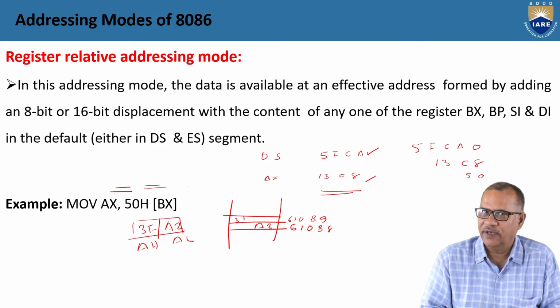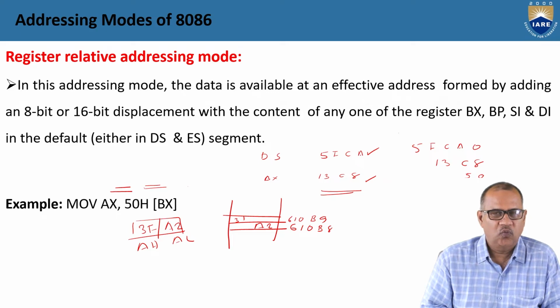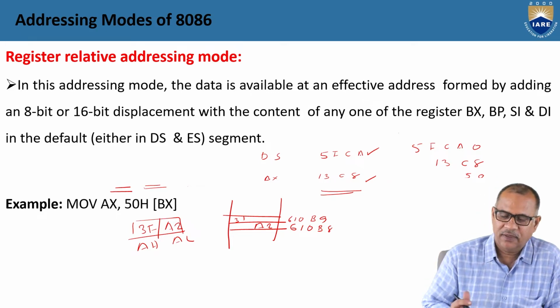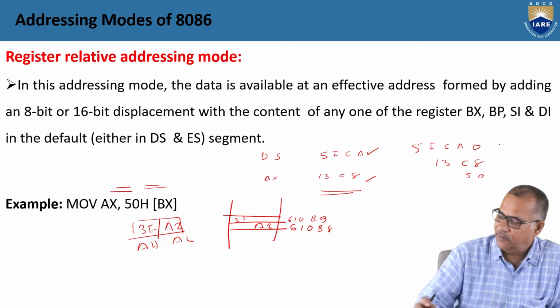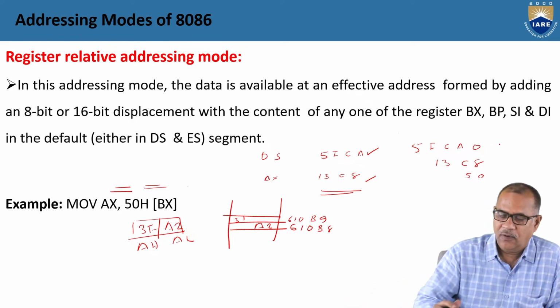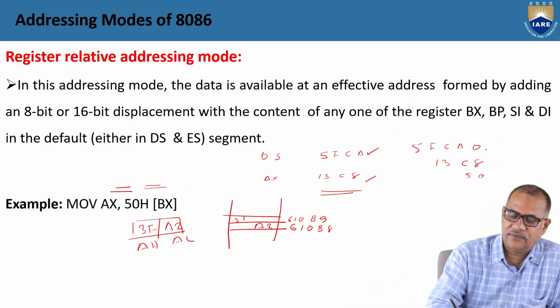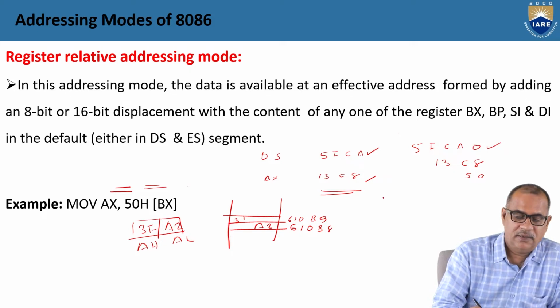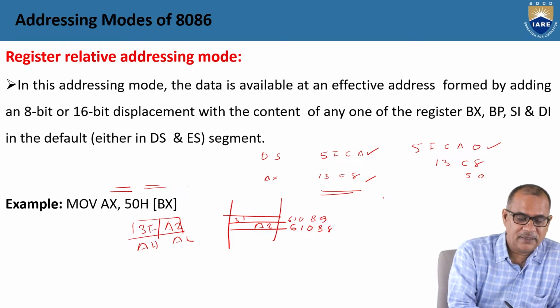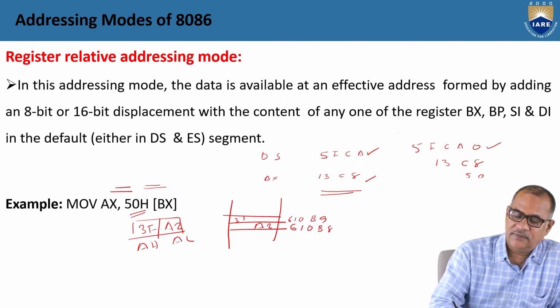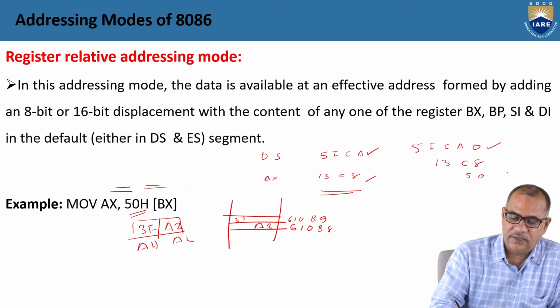It adds a 0H to the segment register, so 5FCA becomes 5FCA0, and to that 13C8 is added, and 50 also is added, because 50H is mentioned here.